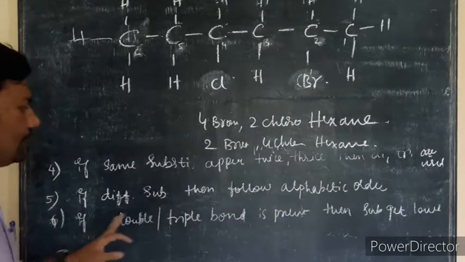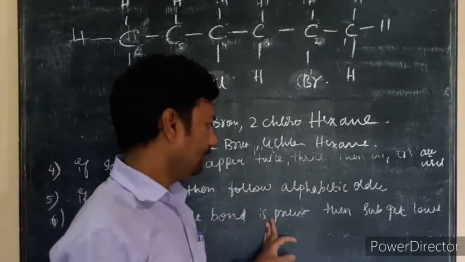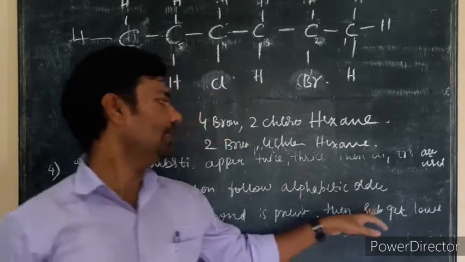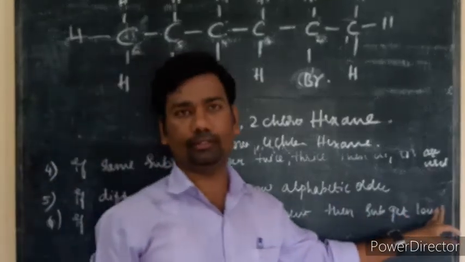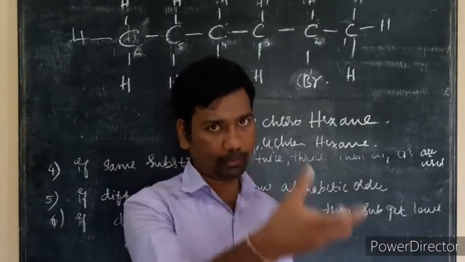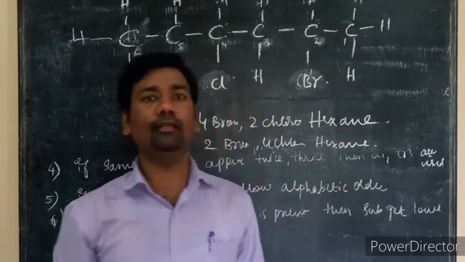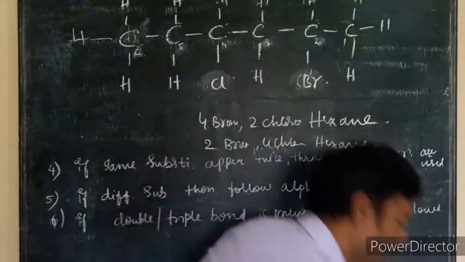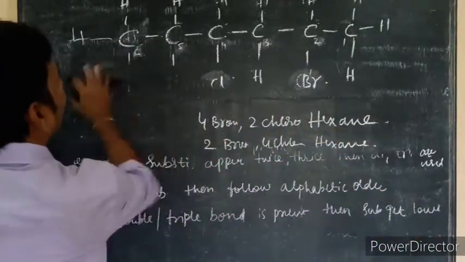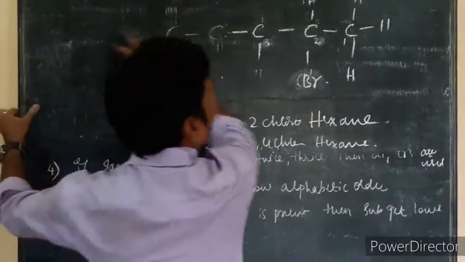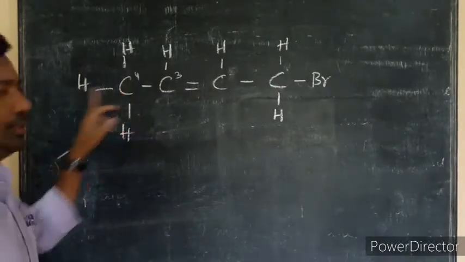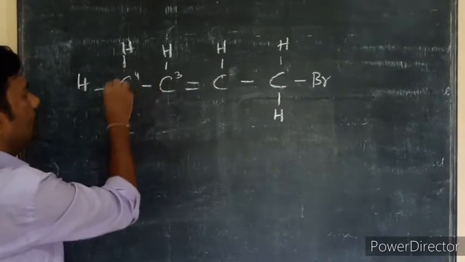Last, if a double or triple bond is present, then whatever the double bond or triple bond is, that should get the lowest number. Then we can name that compound. For example, I will show you how exactly. Each carbon should have a total of 4 bonds: 1, 2, 3, 4.